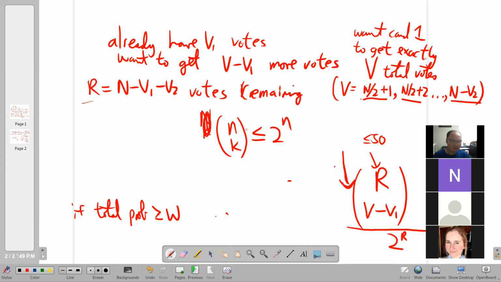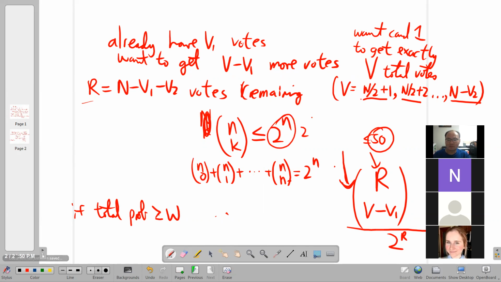It's a very rough estimate, because one of the things that you may remember is if you add up all the binomial coefficients of different k, that's exactly 2 to the n. So if you pick any one of these binomial coefficients, it's guaranteed to be less than or equal to 2 to the n. So what am I trying to say? If n is at most 50, then this is at most 2 to the 50. All your binomial coefficients are going to fit in a 64-bit integer.